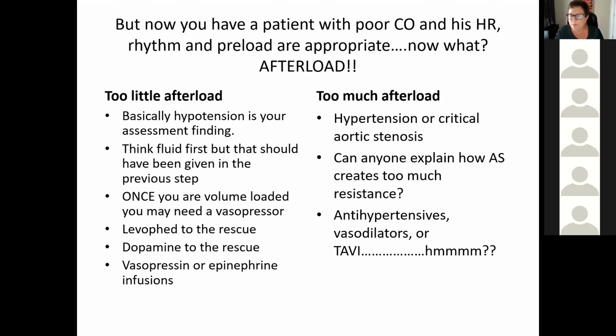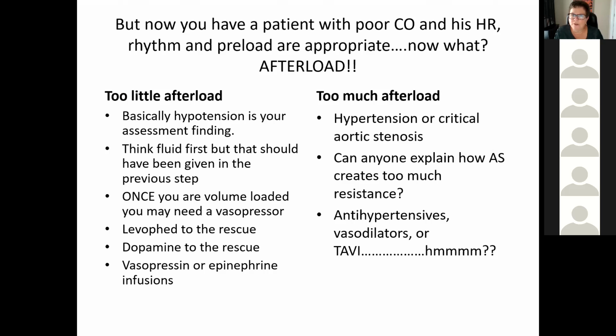If you didn't have a pulmonary artery catheter to give you the vascular resistance, you're really looking at blood pressure. Your blood pressure is too low, then we need to give you a vasopressor. Your blood pressure is too high, then we give you an anti-hypertensive or a vasodilator.